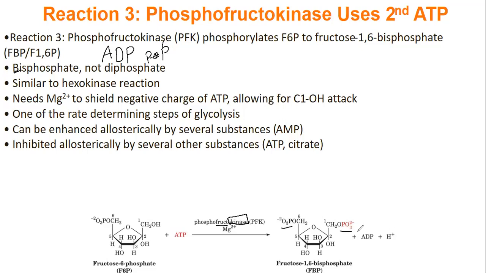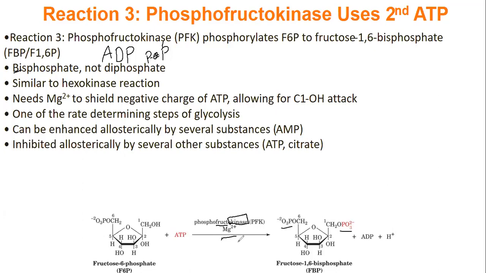The reaction here is very similar to hexokinase, which we saw on Tuesday, where we're adding a phosphate to glucose. Here we're doing it to F6P. We use magnesium, and it's the same mechanism as we saw for reaction 1.